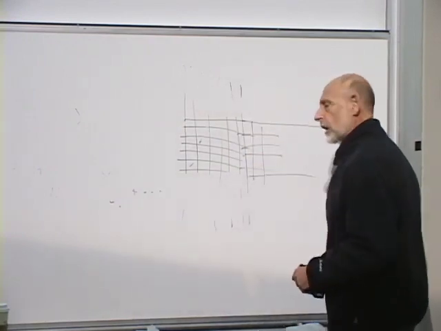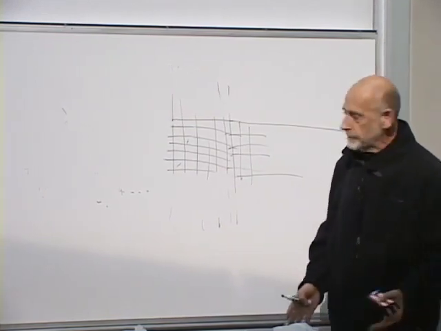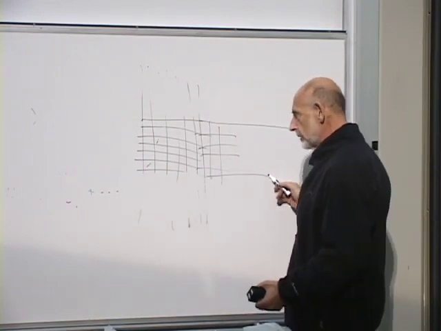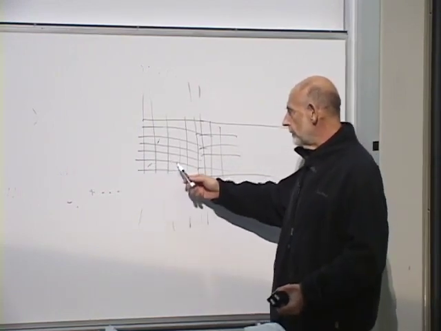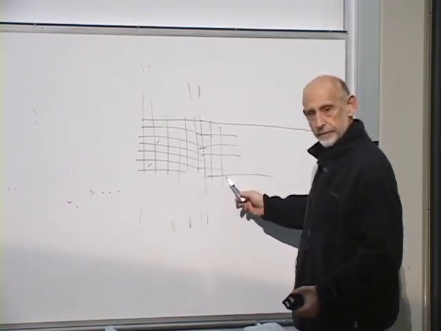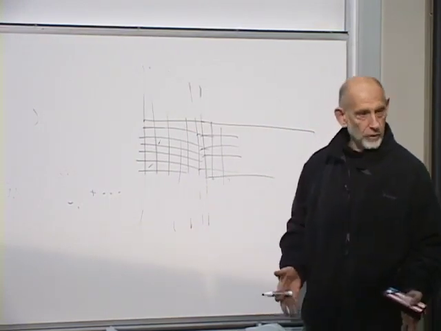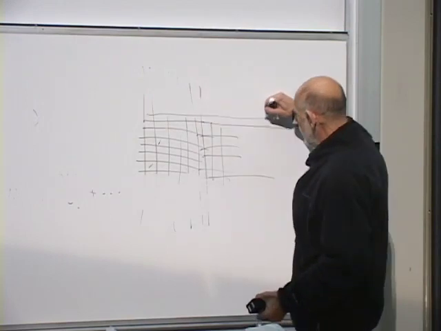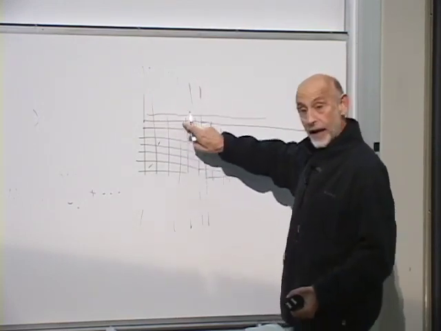What's the idea of an initial condition? The idea of an initial condition is to start on the first row of cells here and give the value of the fields at every point in there. That's an initial condition, or the analog of an initial condition. A final condition is to specify the fields in the last row.